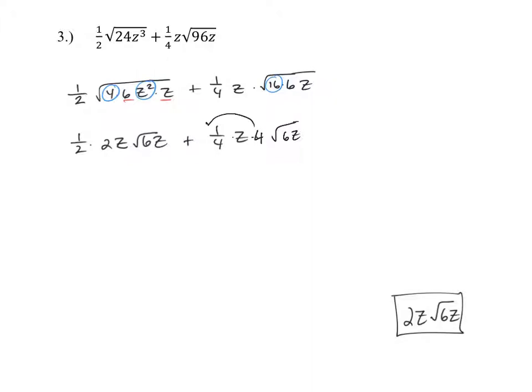I can commute that 4 out to the front. 4 times 1/4 would just be 1. Okay, and then a half times 2, that's just 1. So I have basically like 1z square root of 6z plus another 1z square root of 6z. So you're just adding like terms here. We're just going to add those two things up. So I'd get 2z times the square root of 6z. And there's our answer. Done and done.